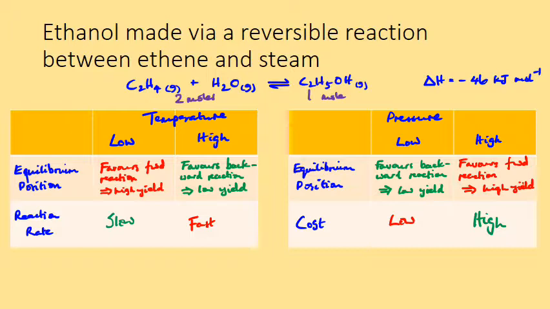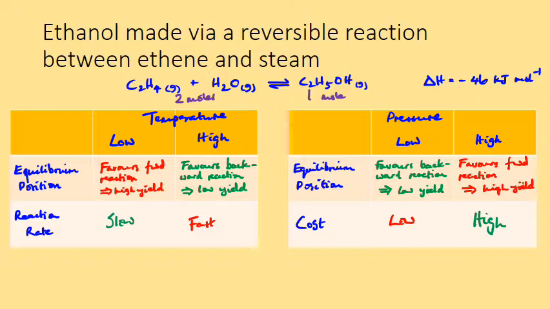Okay, so what happens in industry? They try hundreds of different variations of temperature and pressure, first theoretically and then practically, and they come to a conclusion and they make their product.